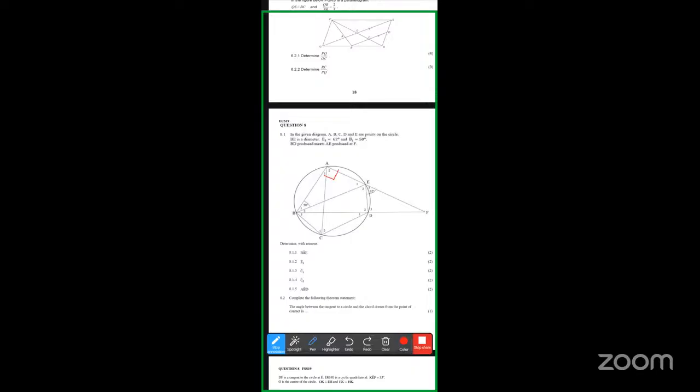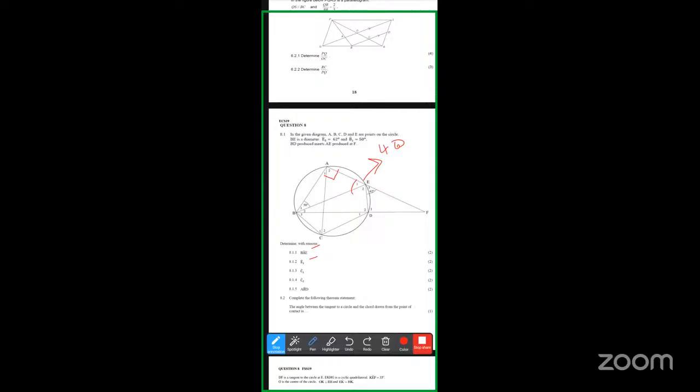We found that as 180 minus 50 minus 90. We said that is 40. Okay, not 46, but 40. And then we found this.